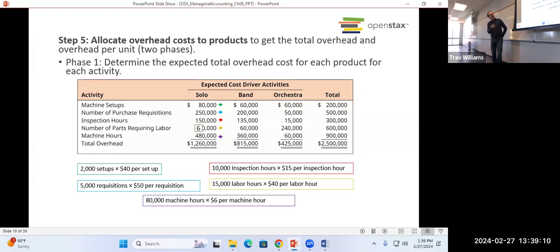So you see for the solo product for machine setups, the 2,000 setups times the $40 each comes out to $80,000 of overhead just for that product type and just for that activity. So we have to do that calculation 5 times for each product.